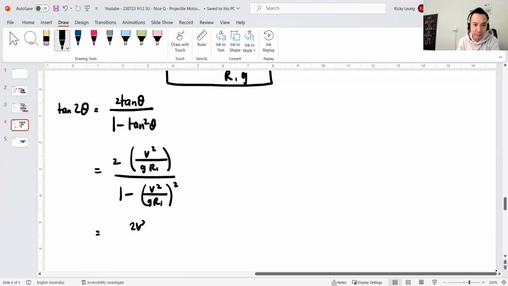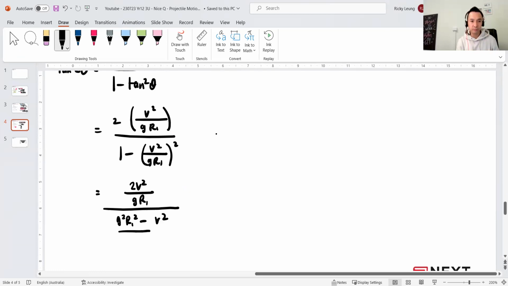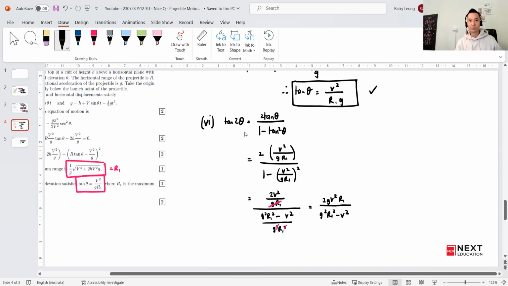That becomes 2v squared over g R1, and I'm going to put a common denominator at the bottom: g squared R1 squared minus v squared, all over g squared R1 squared. Now this goes away with the squares, and this comes upstairs to be 2g v squared R1 all over g squared R1 squared minus v squared. Okay, cool. That is what tan 2 theta is.